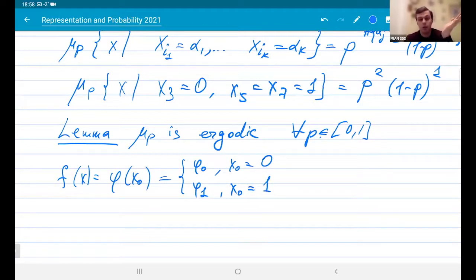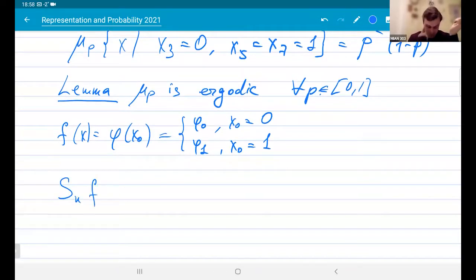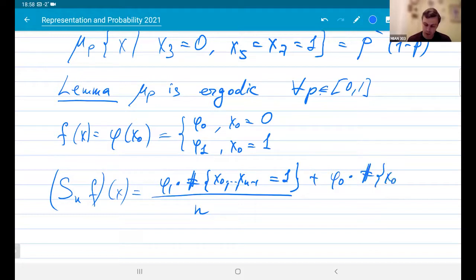And then what is an ergodic average of this function? Well, this is just 1 over n times phi_1 times the number of all x_0 to x_{n-1} equal to 1, plus phi_0 times the number of all these that are equal to 0.